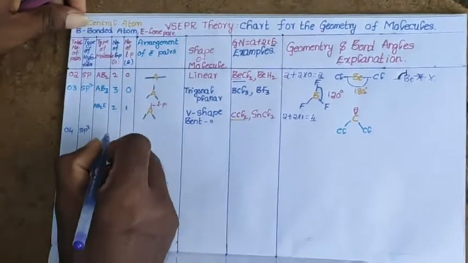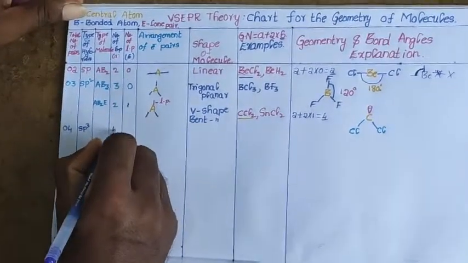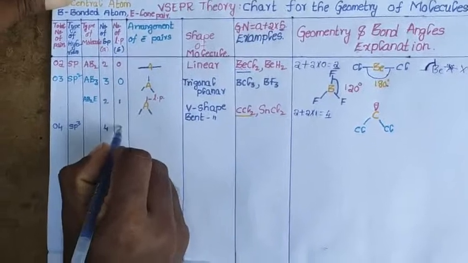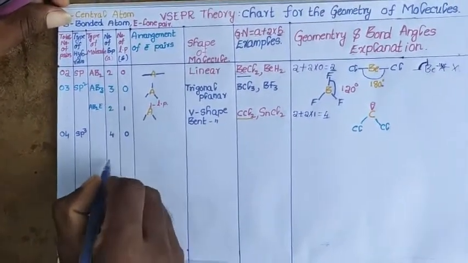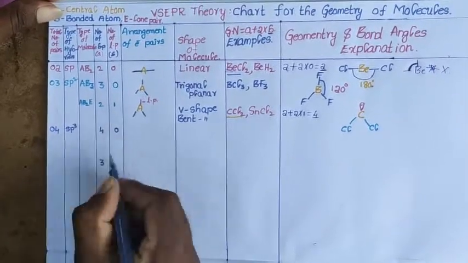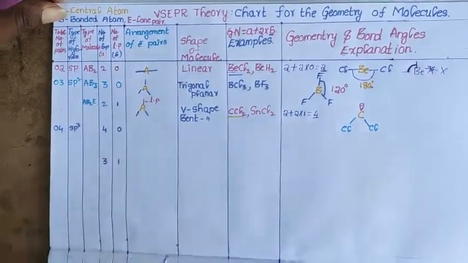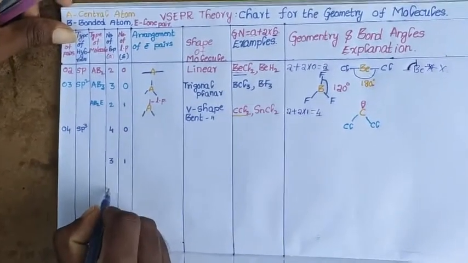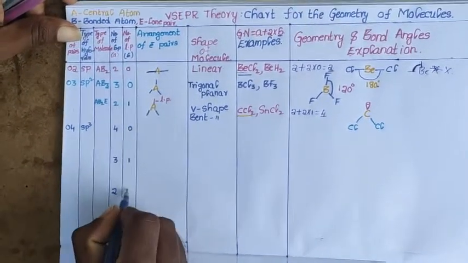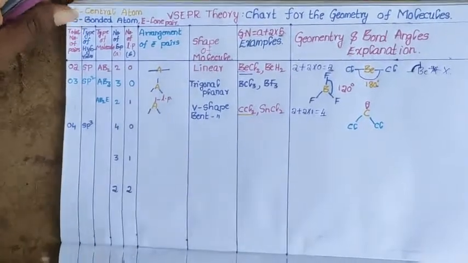I'll write some possibilities. All 4 are bond pairs, 0 lone pairs. That is one type. Next is 3 bond pairs, 1 lone pair. That is another possibility. Next is 2 bond pairs, 2 lone pairs.